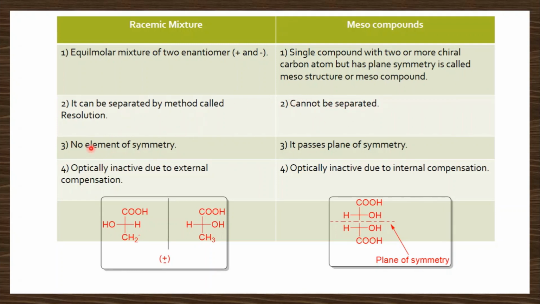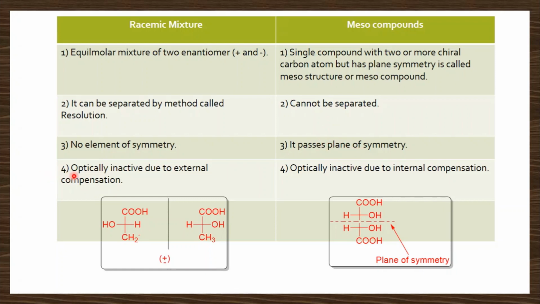Now the third point: a racemic mixture does not possess any element of symmetry, while this meso compound possesses a plane of symmetry.